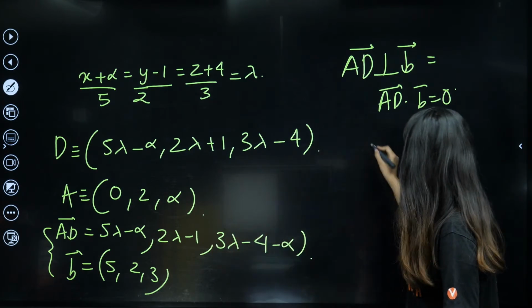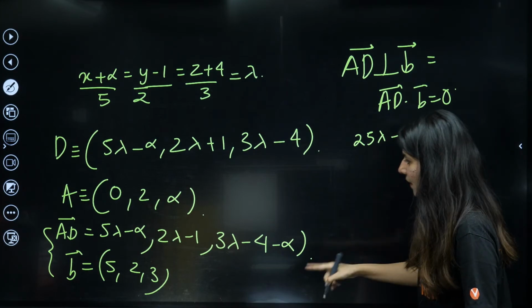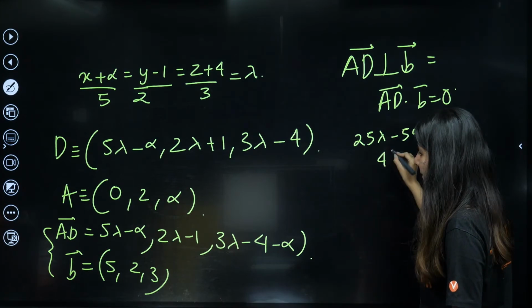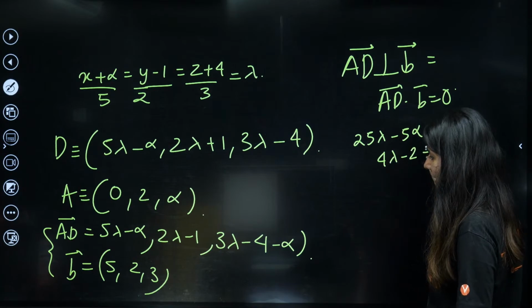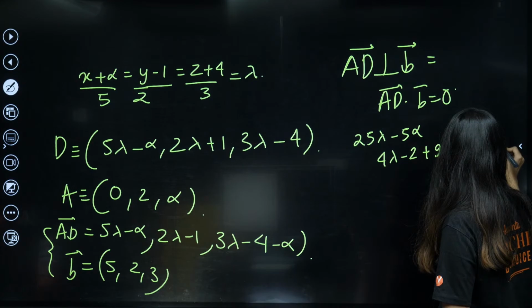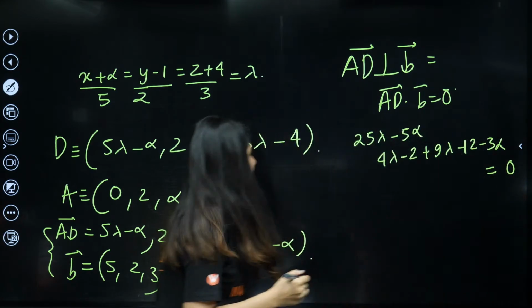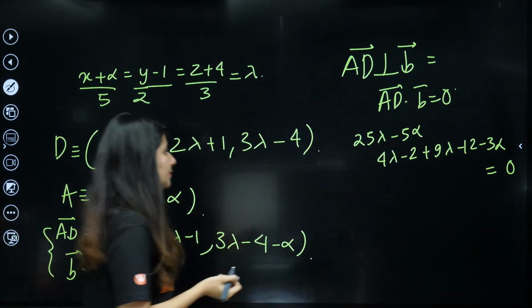So 5 5s are 25 lambda minus 5 alpha. Then we have 4 lambda minus 2. Then we have 9 lambda minus 12 minus 3 alpha is equal to 0. You will get the relation between lambda and alpha.